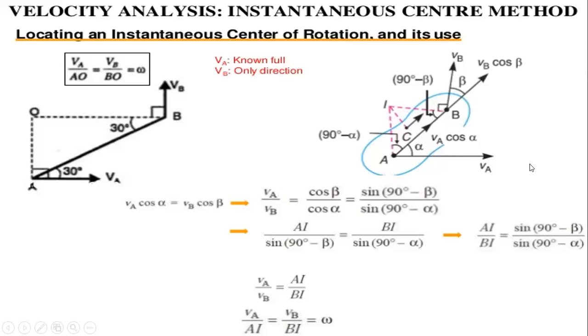So it is obtained as sin 90 minus beta by sin 90 minus alpha. So cos beta by cos alpha is equal to sin 90 minus beta divided by sin 90 minus alpha.